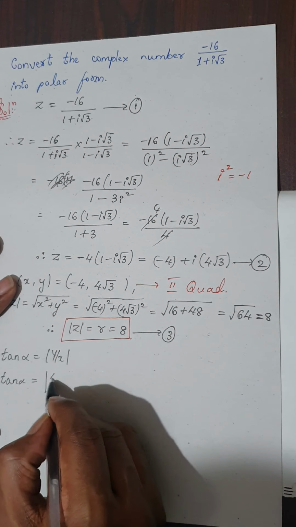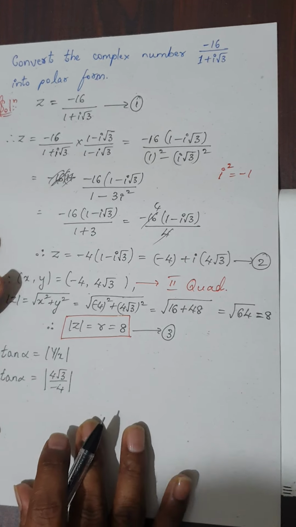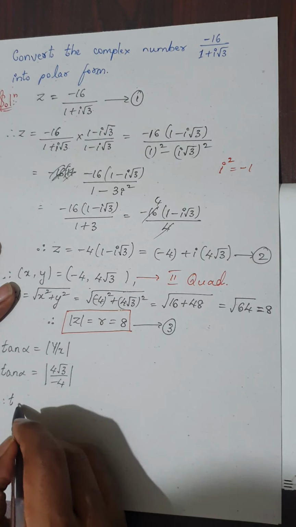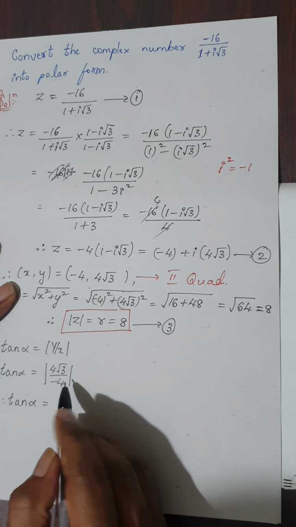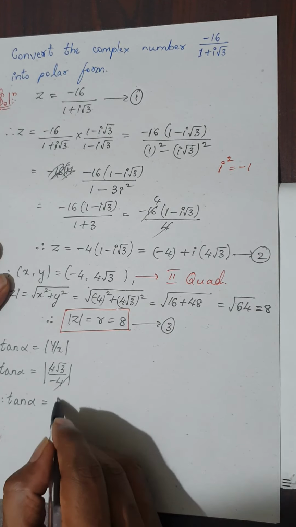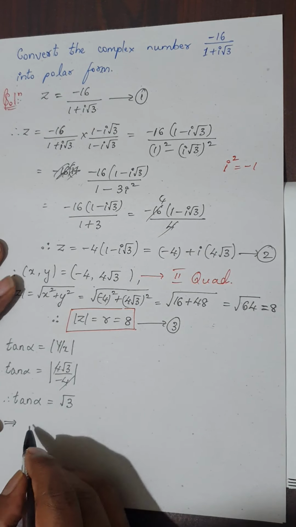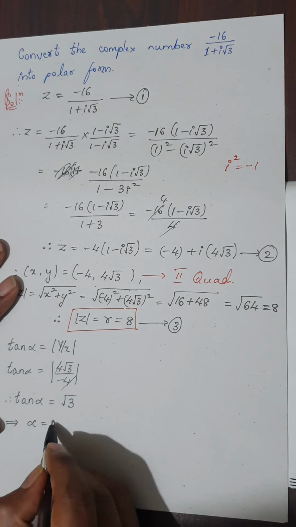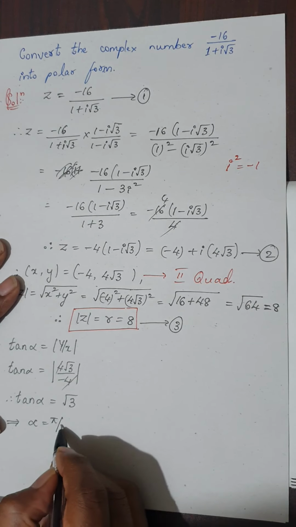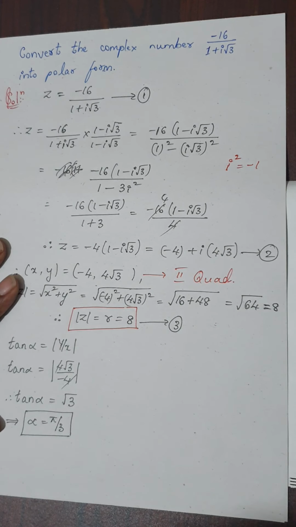Check here. Y value is 4 root 3 divided by minus 4. Therefore, tan alpha would be modulus, because it is modulus, negative goes off, 4 and 4 get cancelled. You will simply get root 3. Tan of what angle is root 3? Tan 60 degrees is root 3. That is nothing but alpha is pi divided by 3.